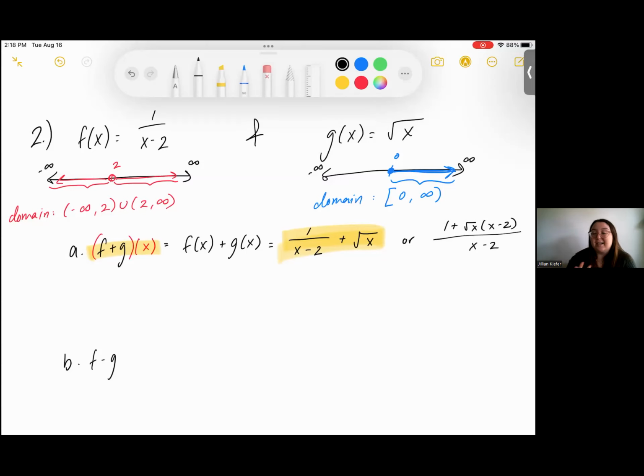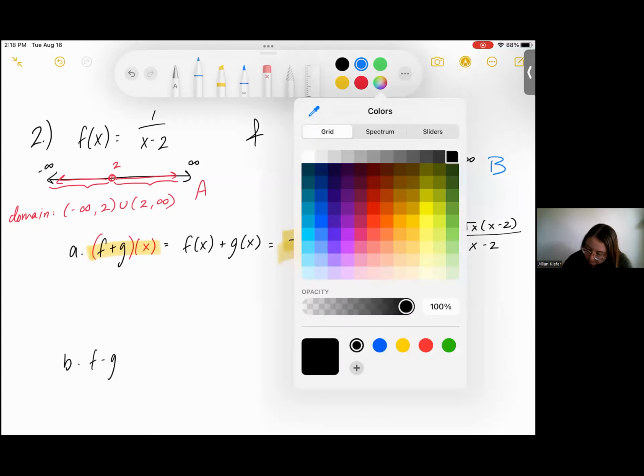So now that we have added these functions together, we want to find that domain, because remember our domain is A intersect B. And in this case, we're going to say that f has domain A and g has domain B. So for our answer here, we're going to pick a new color. We're going to pick purple.